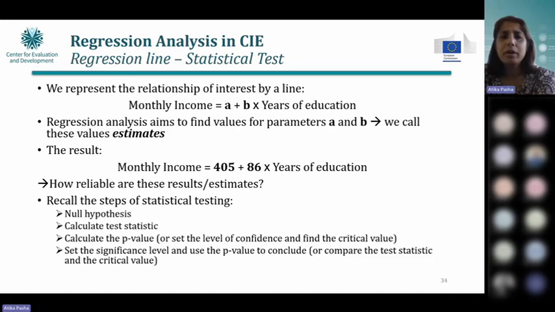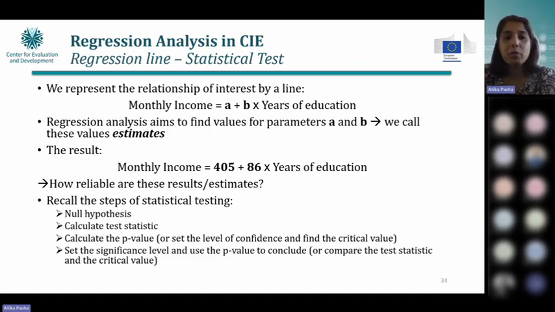So given our relationship that we express through a line, and in math through this equation, we are now trying to find through our regression these parameters, A and B. And these are in regression called estimates. So we are estimating our A and our B, and effectively regression would give us the A estimate and the B estimate.